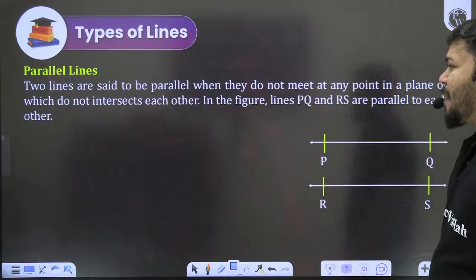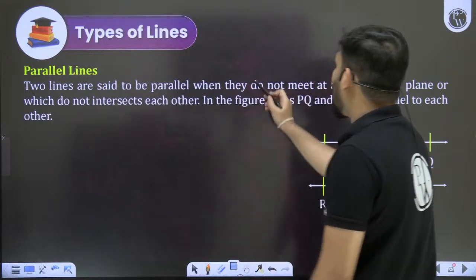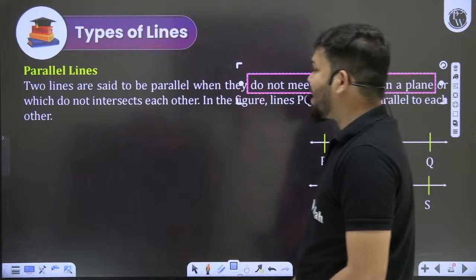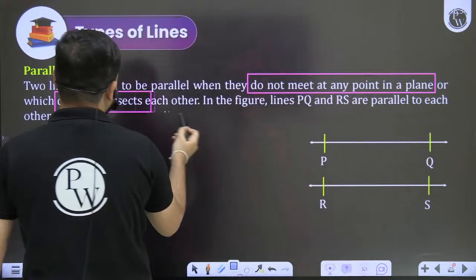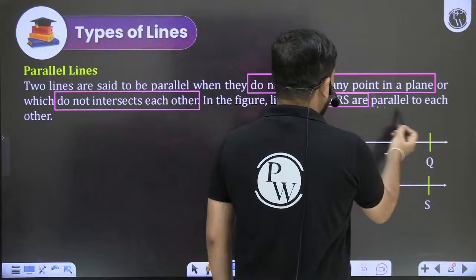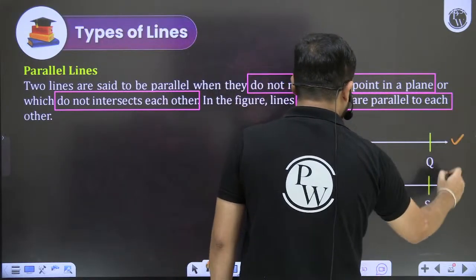There you can see here parallel lines. Two lines are said to be parallel when they do not meet at any point in the plane, or do not intersect each other. In this figure, PQ and RS are parallel to each other.